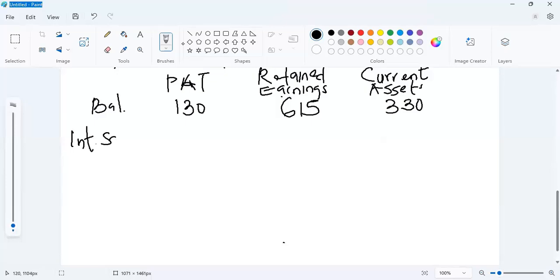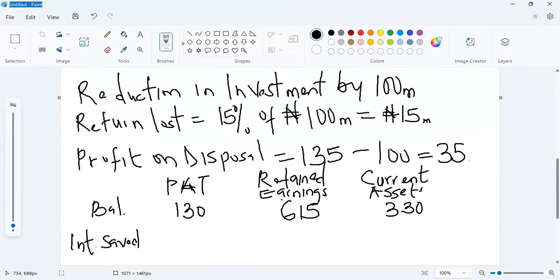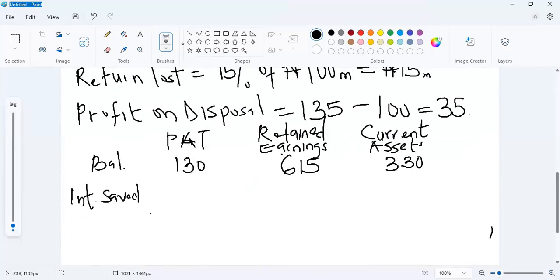Interest saved, net of tax: the amount is 7.158. This will increase my profit, my retained earnings, and my cash, because I'm not going to pay out cash again.